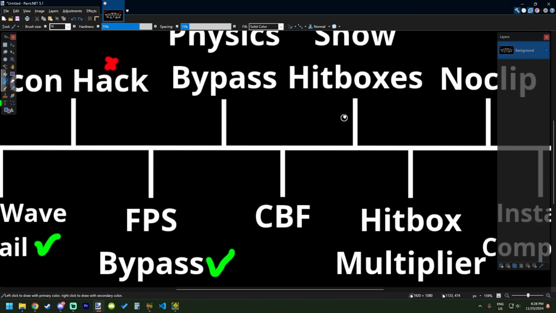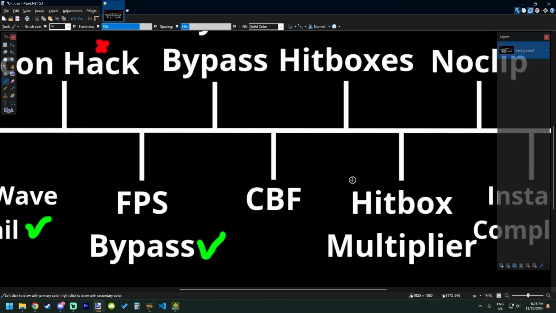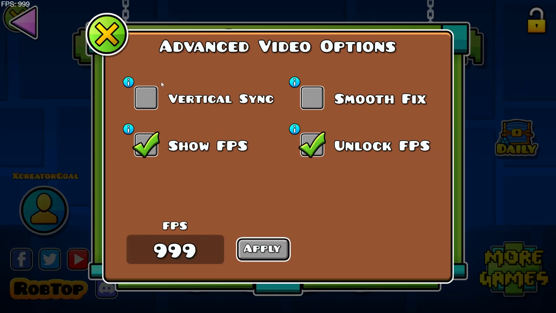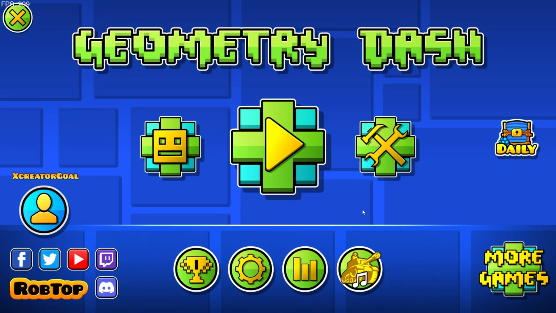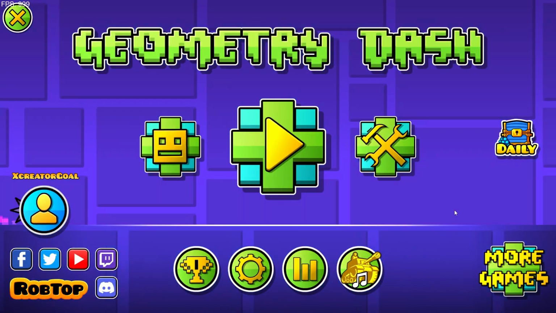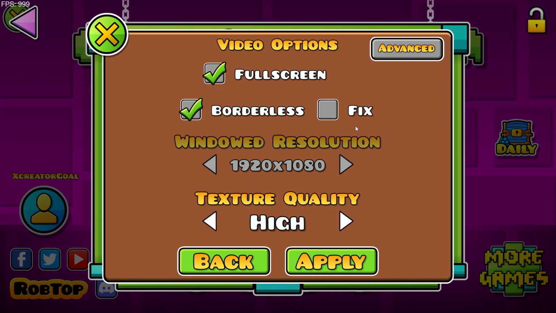Then we have click between frames. This is a very controversial take, and I've never tried click between frames. I don't think I need it, and I don't think people need it that have a monitor refresh rate of 240 or up, so I think I'm good. But RobTop has said that he's working on a similar thingy that he's going to implement into the official Geometry Dash, and if it gets implemented, I think it will be fine because that would be Geometry Dash vanilla still.